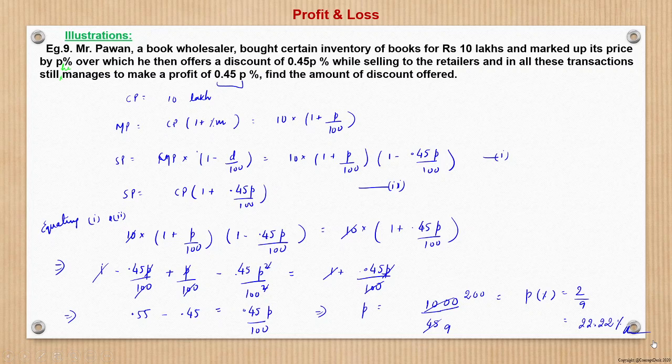Is there any calculation mistake? Let us see once again. Here P is coming out, and P we know is already in percentage terms, right? So this is 200 by 9, and this is already a percentage sum, so we need not multiply it again.